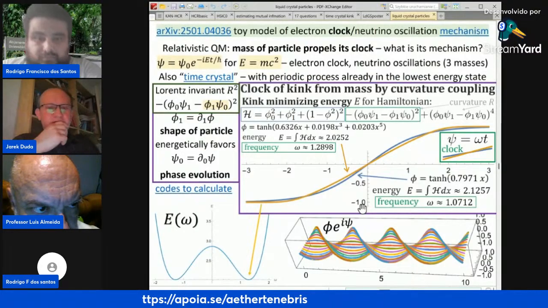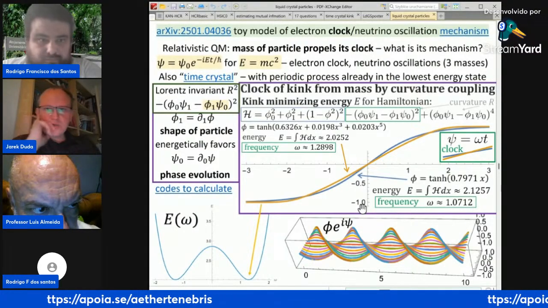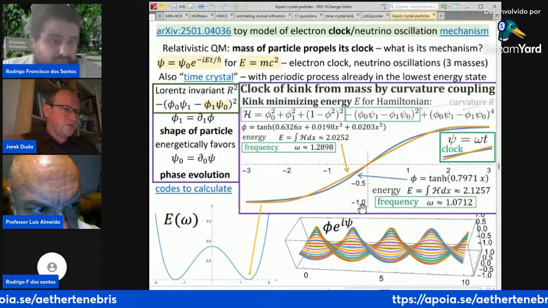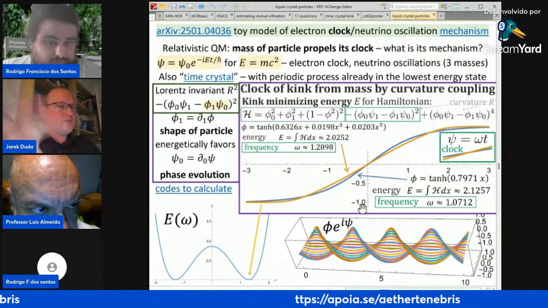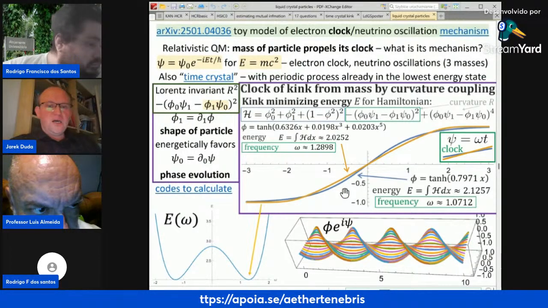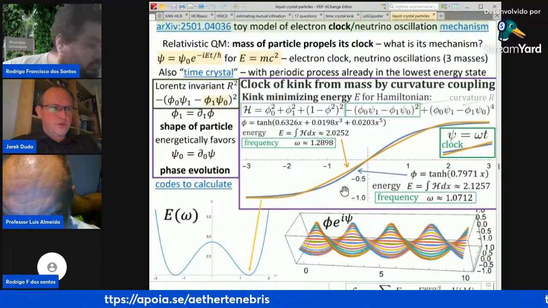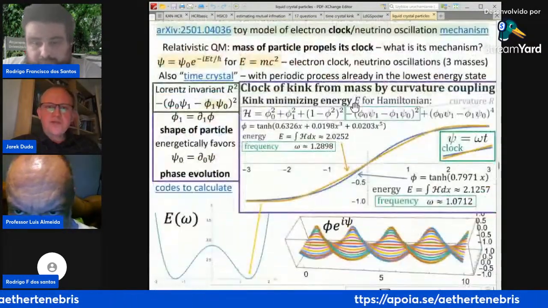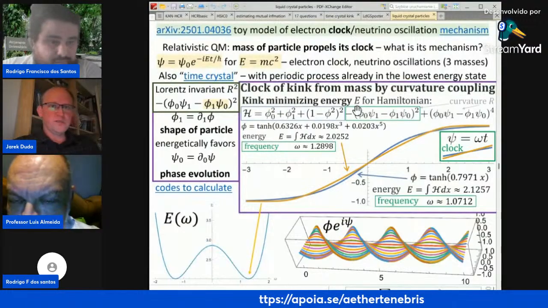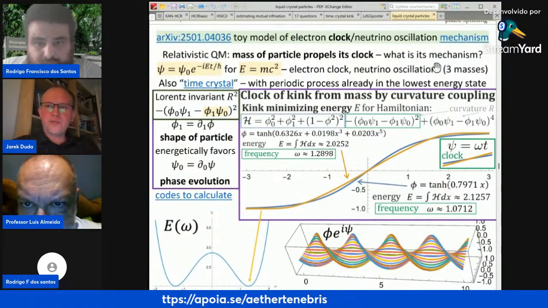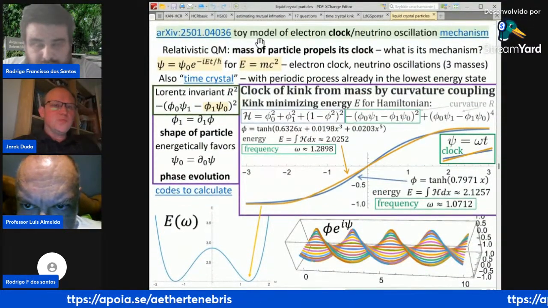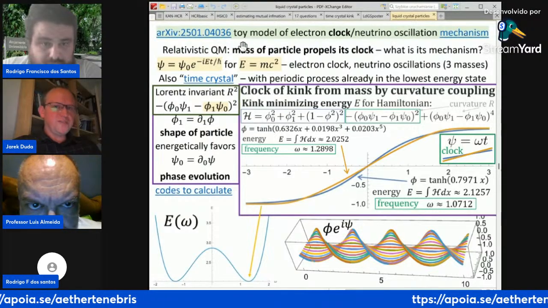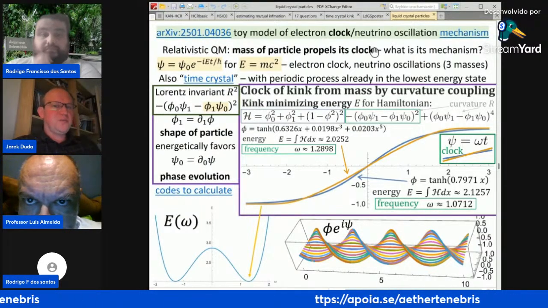So here is some model I'm using. Here is the toy model, and then there will be the full model. This toy model is inspired by the full model I have mentioned. So here is the full model, these negative terms, and here is the toy model to understand the mechanics and briefly get what's happening there. We have this problem that in relativistic quantum mechanics, mass literally propels the clock.